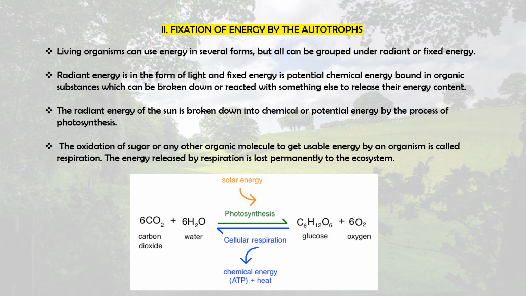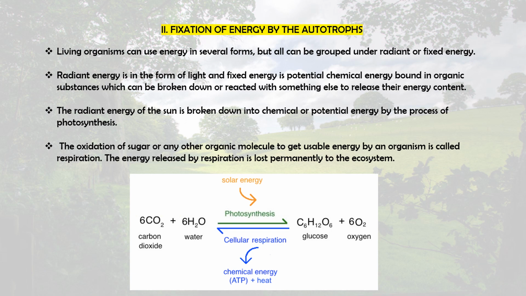And when the gross primary productivity is less than respiration, then the biomass decreases. So this concept of gross productivity is dependent on various factors like temperature, rainfall, solar radiation, and other abiotic factors.